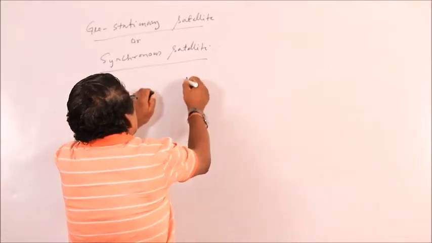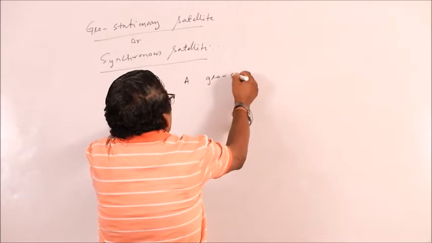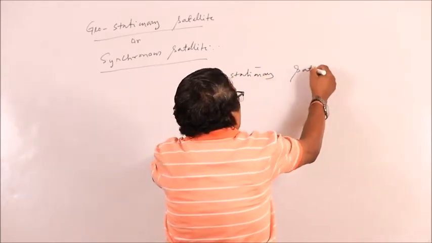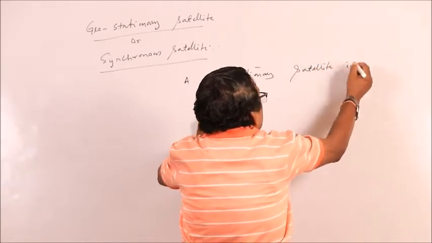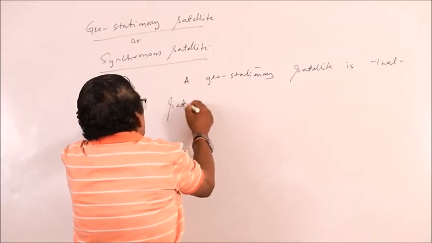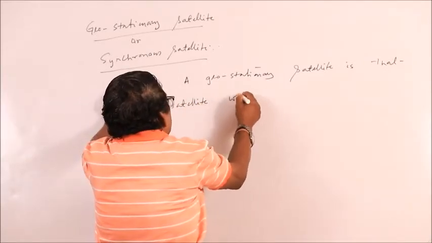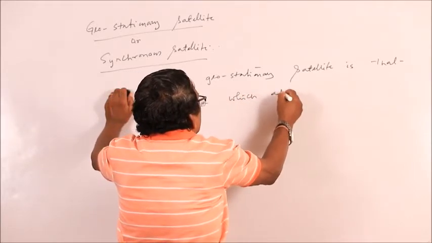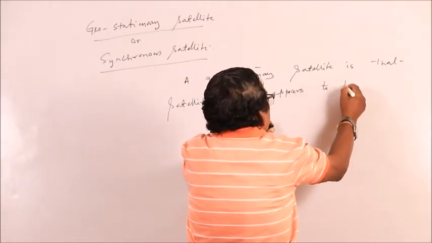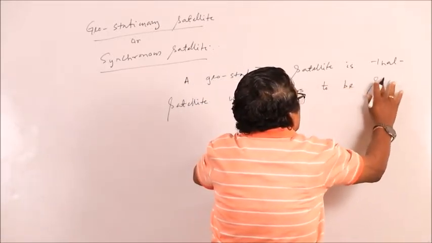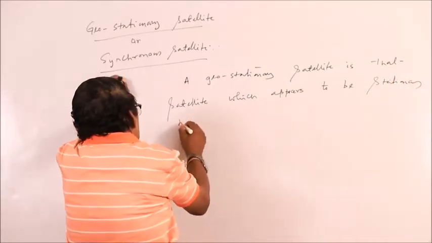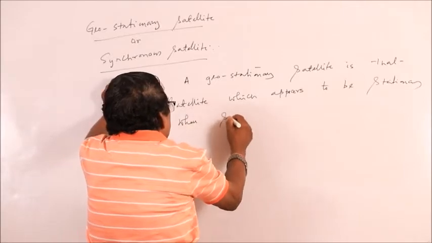A geostationary satellite is that satellite which appears to be stationary when seen from the surface of earth.